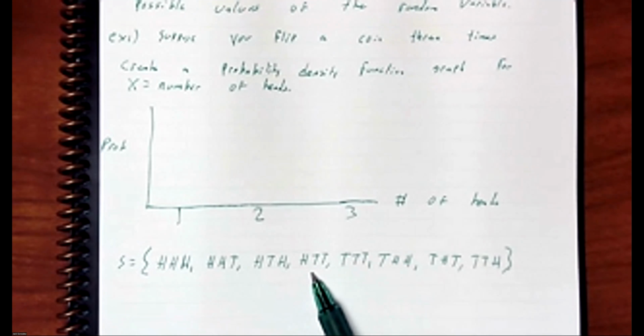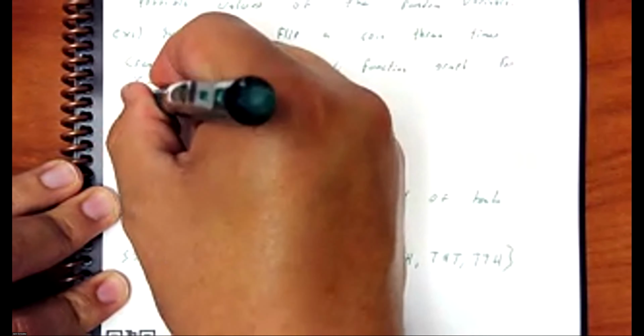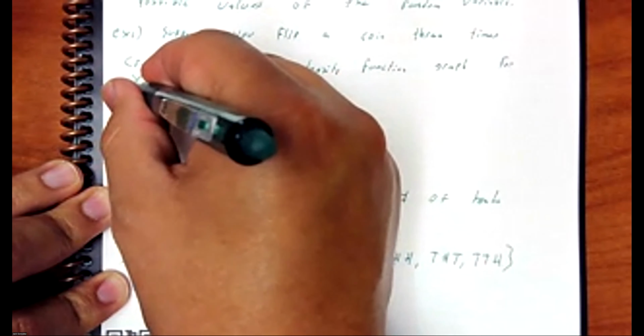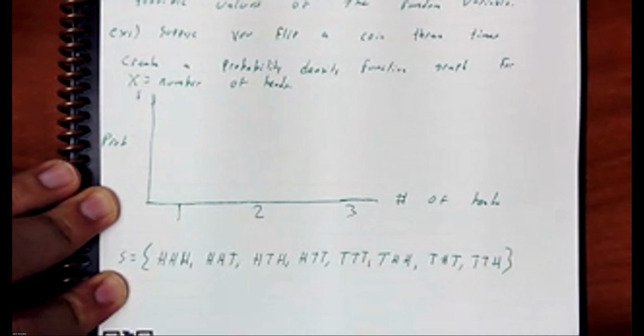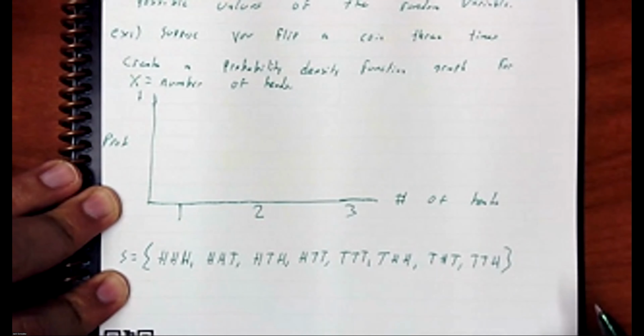Okay, so how many ways can I get exactly 1 heads? Yeah, I see 1, 2, 3, right? So 3 out of 8 would be the chance of exactly 1. What is that as a decimal?